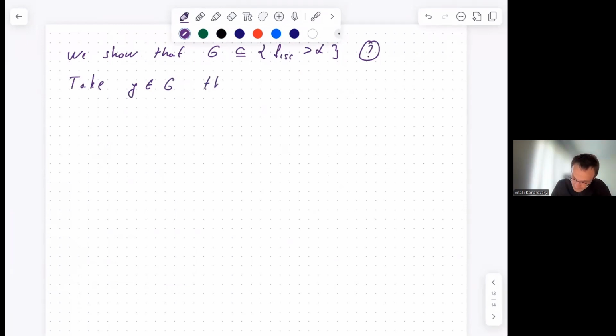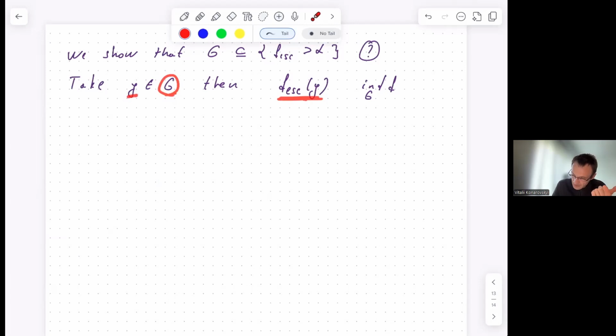Then you have f lower semi-continuous of the point y, and let's compare this with the infimum of the function f over G. You took y from G, so it is an open neighborhood of this point y. But the value of that function is a supremum over all open G that contain y. But this is a fixed G that contains y. Therefore, the supremum can only be larger or equal than the infimum.